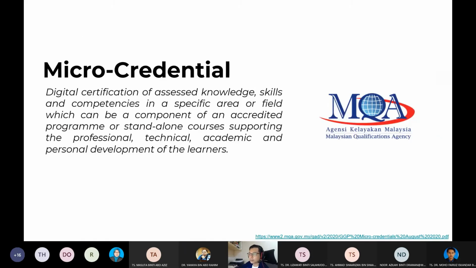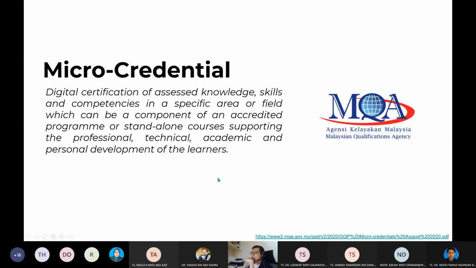So this one is a bit dry, this section. I'm just going to summarize a bit what's out there. If you need to go to the offshoot document, there's a link down here. MQA has published the guidelines for good practices for micro-credentials.